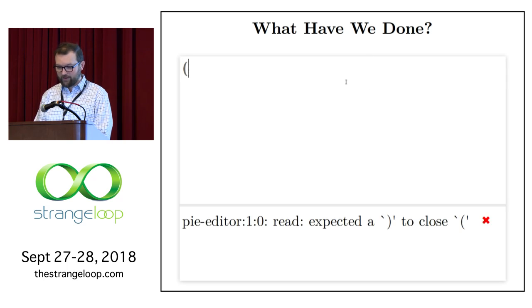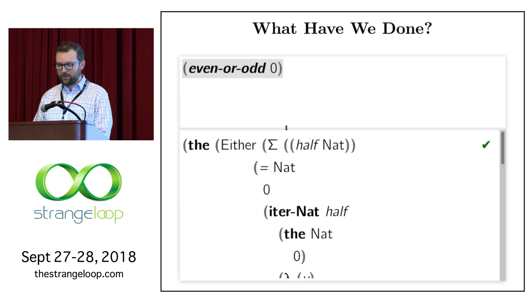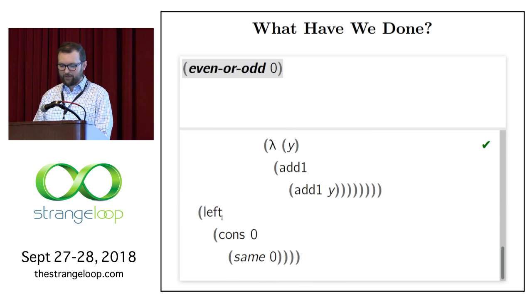So I can say even or odd of 0, and scrolling past the definition of what it means for things to be even and odd, we see left, and then that very evidence we wrote earlier. So we got a program where we give it 0, and it gives us back evidence. First off, it gives us back the fact that 0 is even, and evidence of that evenness, namely half of 0.